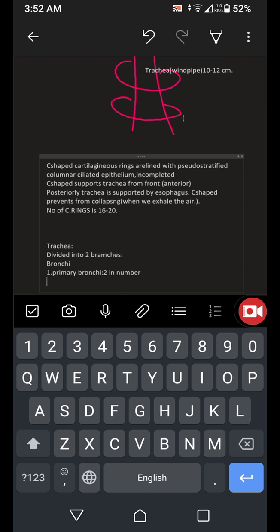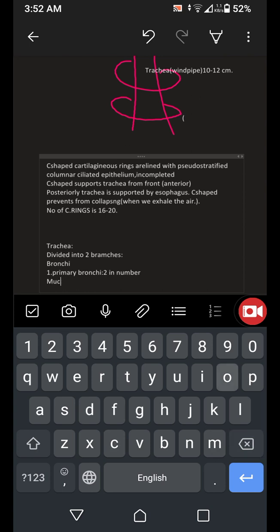Sorry. Basically, the mucus cells are in trachea, and then primary bronchioles are divided into secondary bronchioles, and secondary is divided into tertiary. Basically, the trachea is divided into two branches, those are primary bronchi, then the primary is divided into secondary bronchioles, and the secondary bronchioles are divided into tertiary bronchioles.